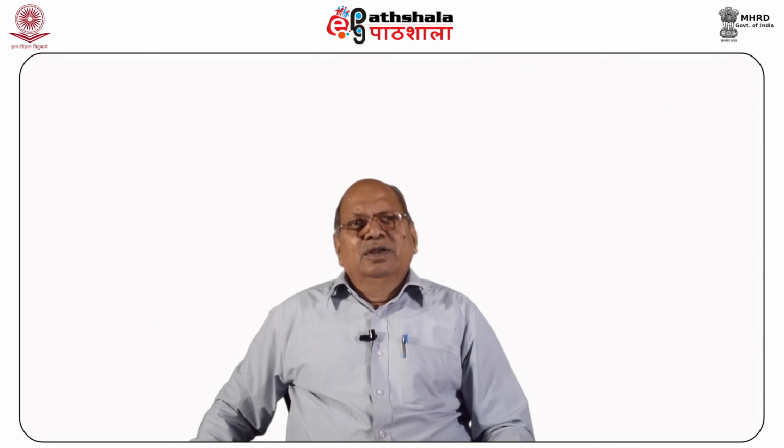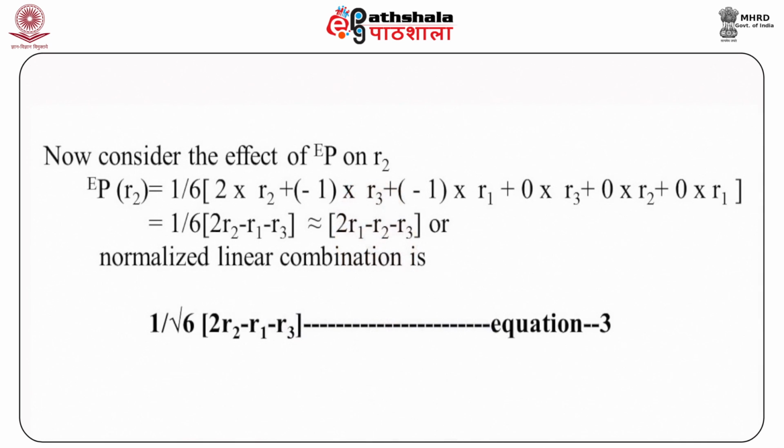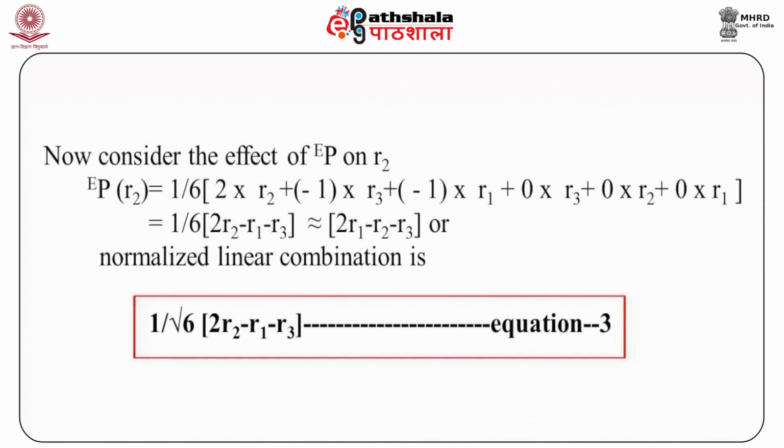Now, let us consider EP on R2, and after operating this EP on R2, we get the result as 1 upon under root 6 2R2 minus R1 minus R3 as shown in equation 3.